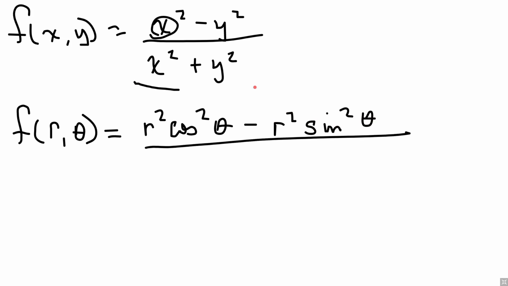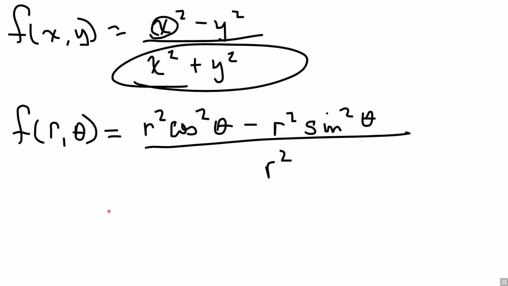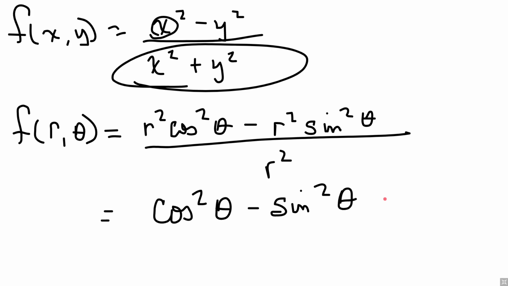And then for the denominator, what can I replace that with? r squared. Now, essentially this simplifies down to cosine squared theta minus sine squared theta.